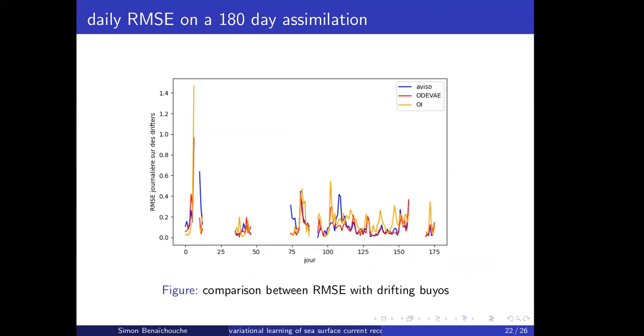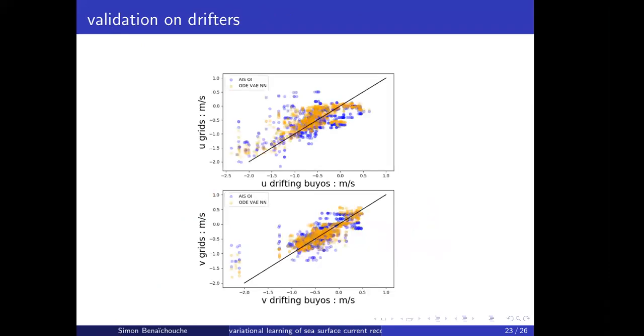So we compute the difference in root mean square between the speed of the current field we produced and the drifters collocated in space and time. And here an example of an optimal interpolation and our approach using neural network for the validation.